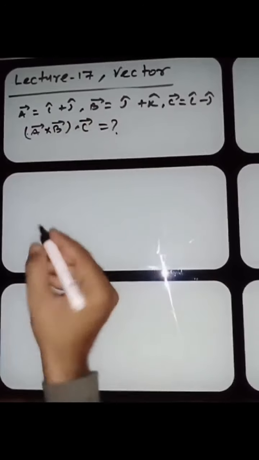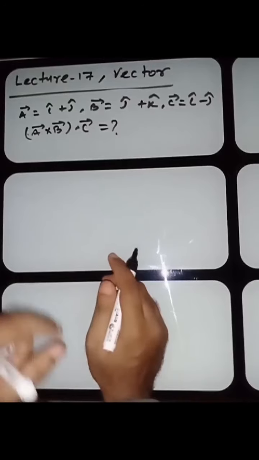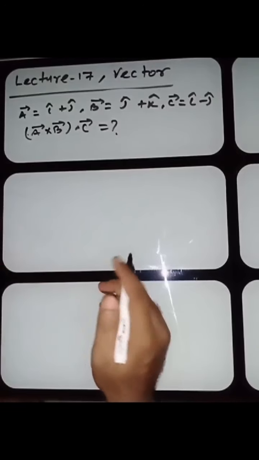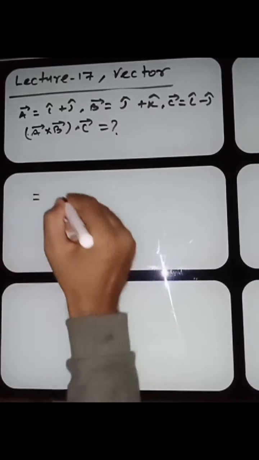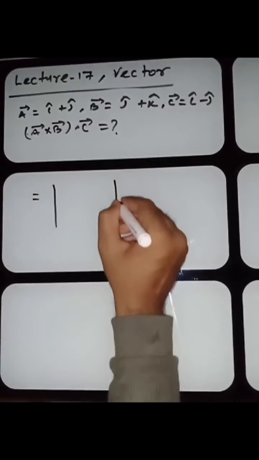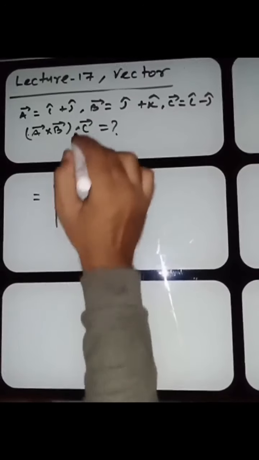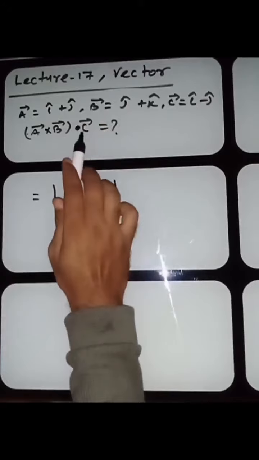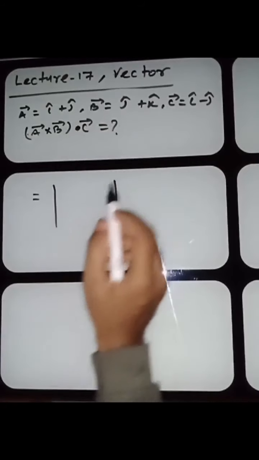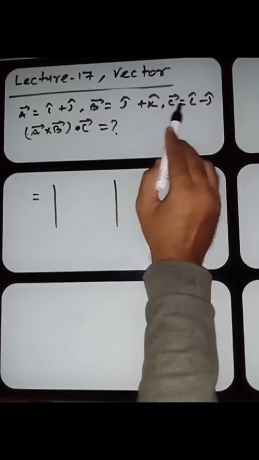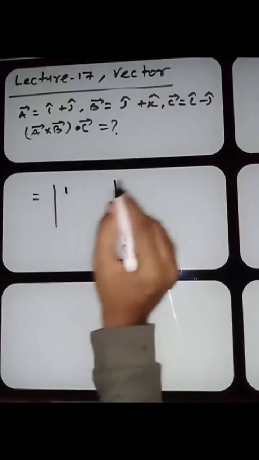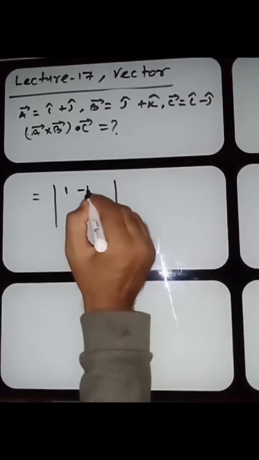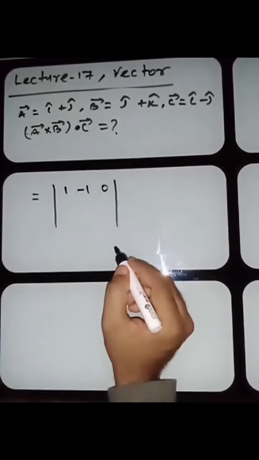This is a scalar product. So we are going to solve this question using the determinant directly. Since it is in dot, you have to put the coefficient of C first. So the coefficient of C: you can see i is 1, j is minus 1, and k is how much? It is 0.